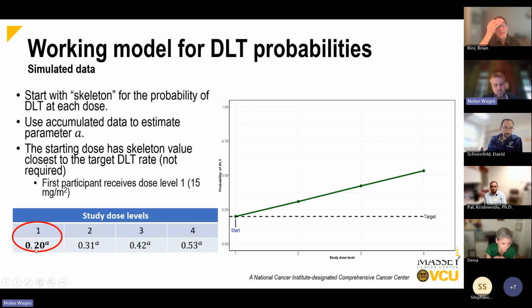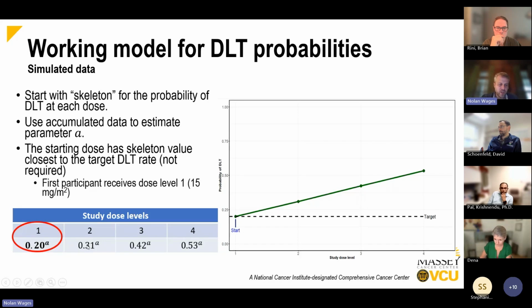There's people that have done a lot of work on how to get a CRM trial going, and there's systematic approaches for choosing these values, and software that does this. So it's really an automated process. But the long and short of it is these initial guesses here: 0.2, 0.31, 0.42, 0.53. The method's fairly robust to this choice, so long as these values are somewhat adequately spaced from one another.